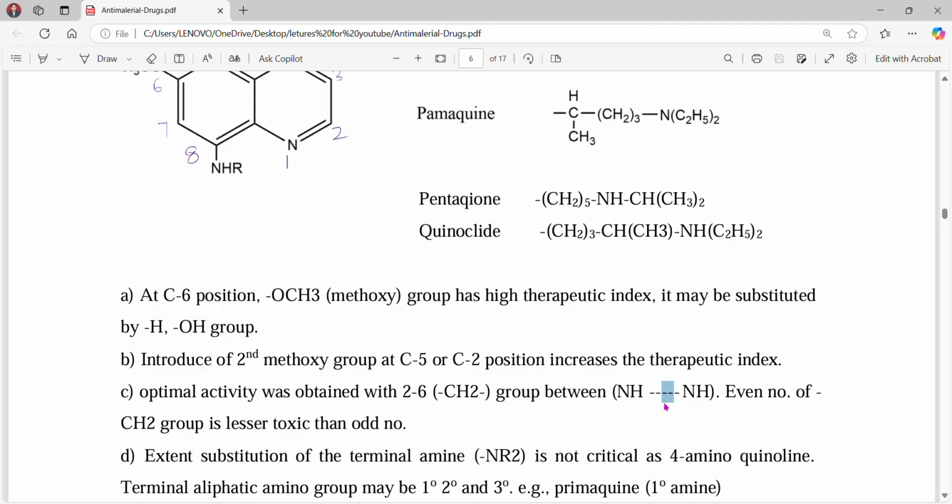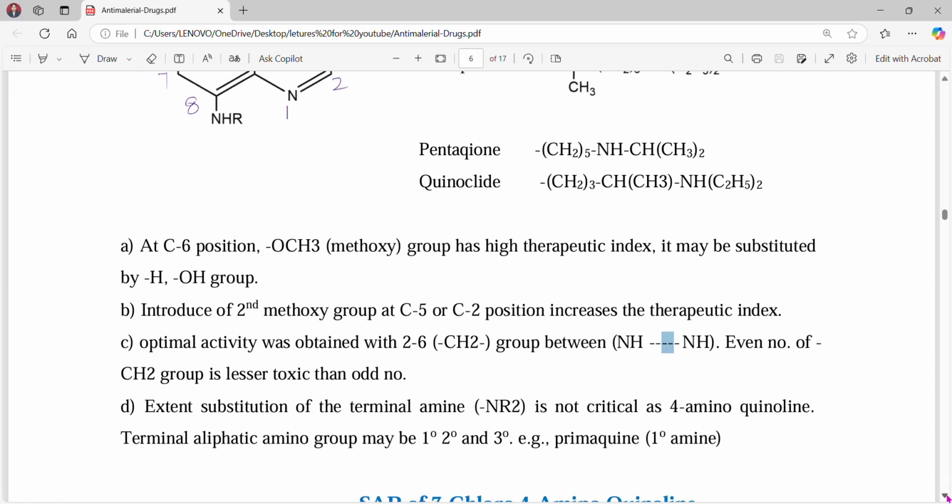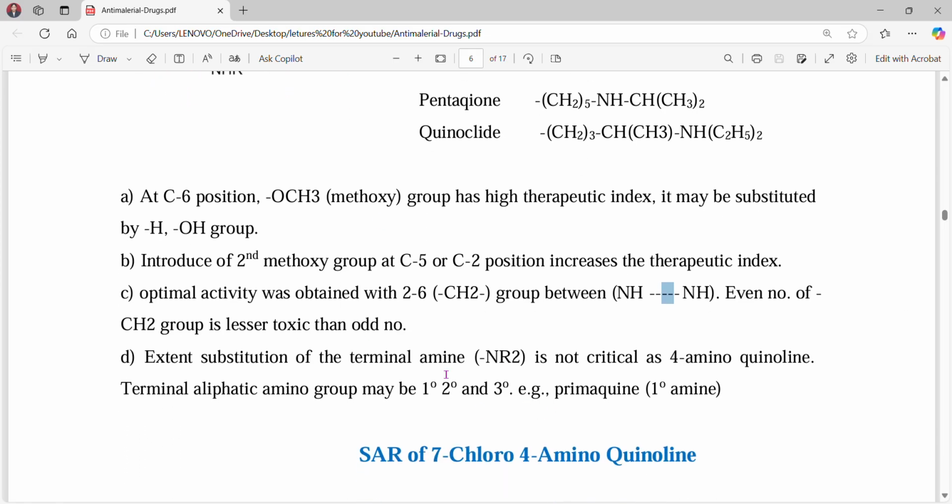If we introduce the CH2 bridge at this carbon atom, an even number of CH2 groups is less toxic than an odd number of CH2 groups. Then the extent of substitution at the terminal carbon atom is not critical, unlike 4-aminoquinolines. We restricted the substitutions in 4-aminoquinolines, but this is not the case with 8-aminoquinoline derivatives.